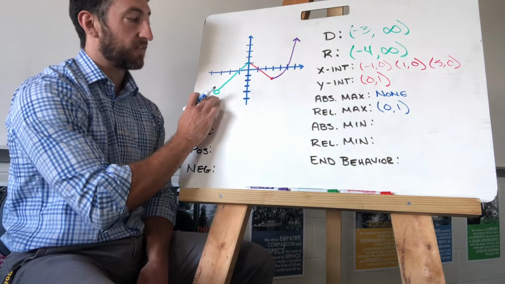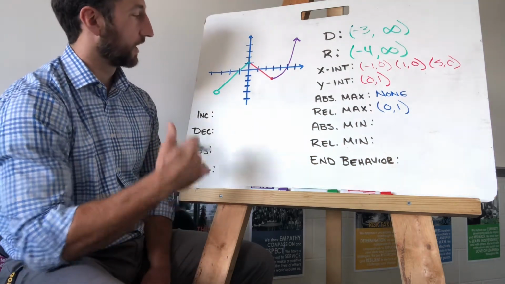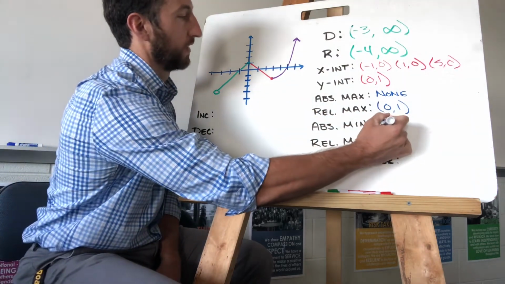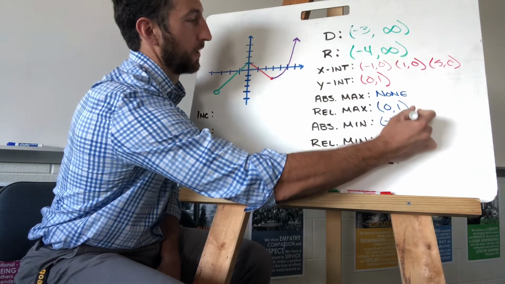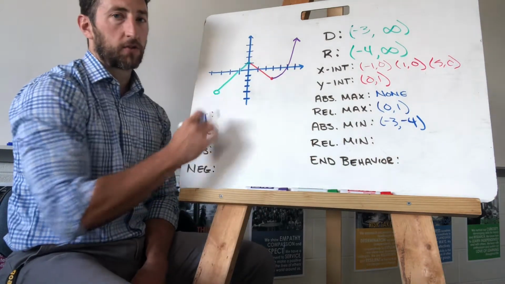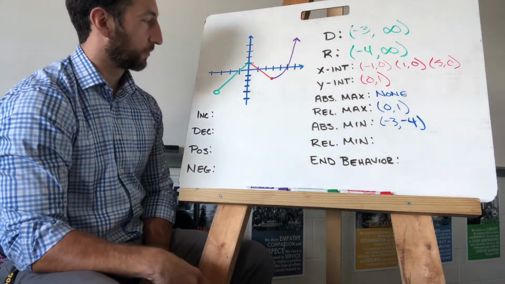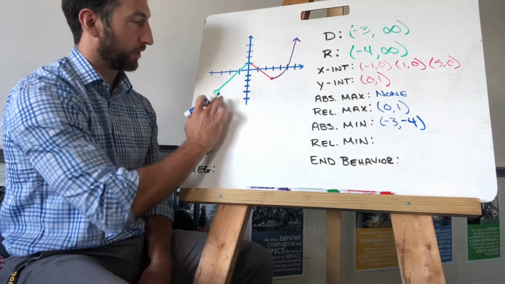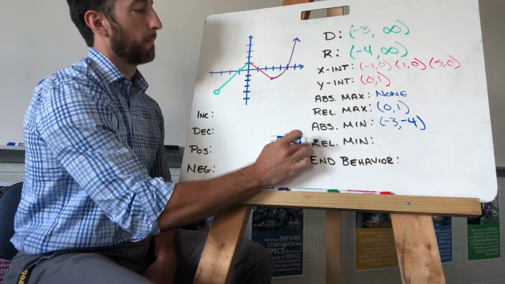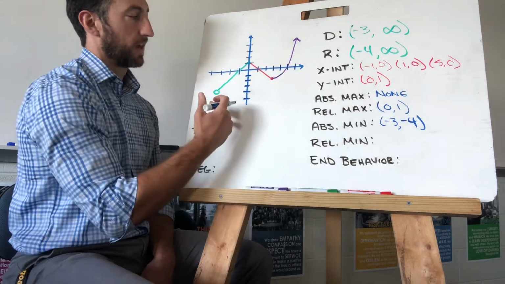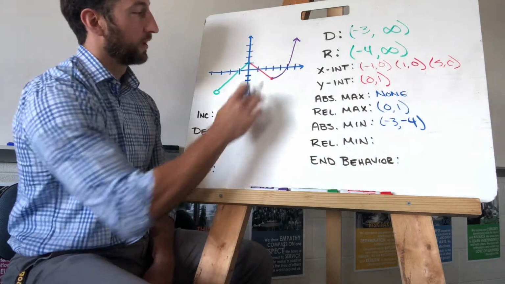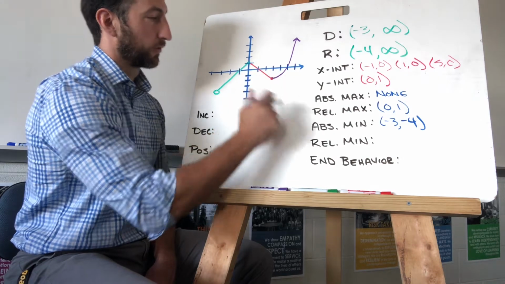We'll just say if this was colored in, then we would have -3, -4. So if that was a solid circle, then we would use that as our absolute minimum: -3, -4. But our relative minimum is, remember, the point where it's not the absolute, but it's the other point. So that is going to be here at positive 3, negative 2.